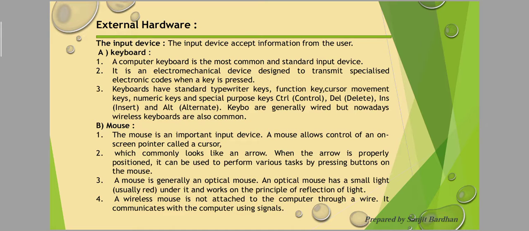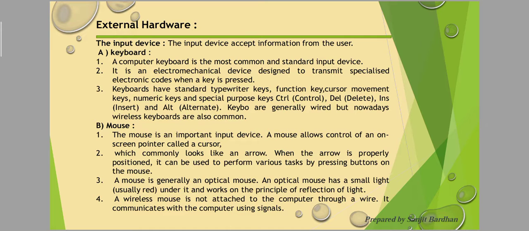External hardware. Now we are going to know briefly about the external hardware components. Okay, number one is the keyboard. We all know the keyboard is an input device, and now we see how it works. A computer keyboard is the most common and standard input device.